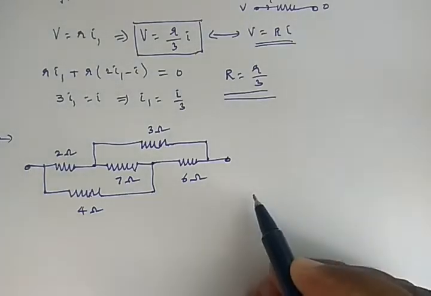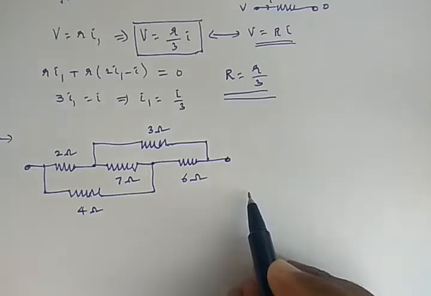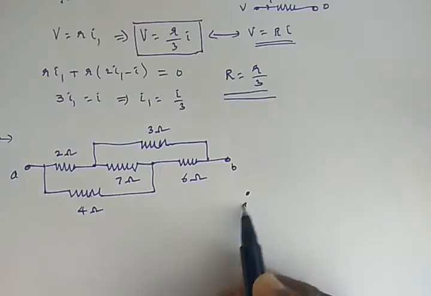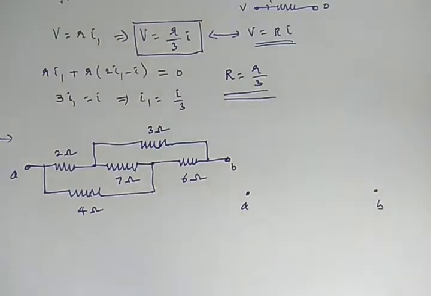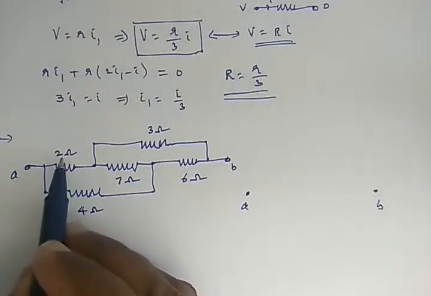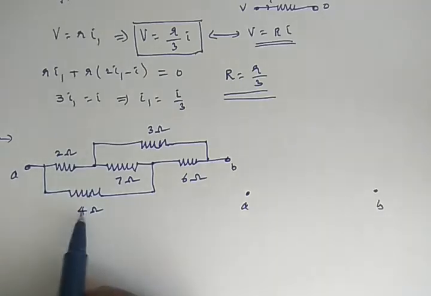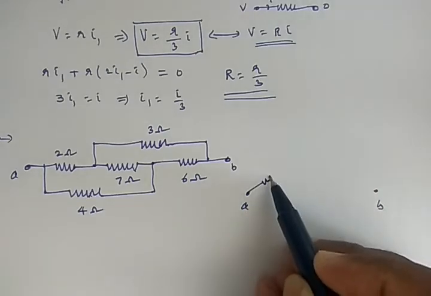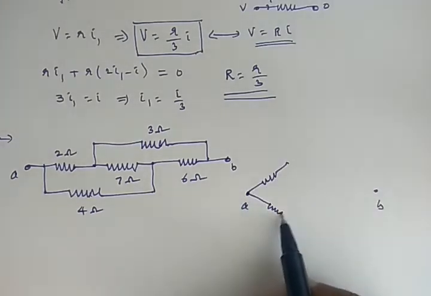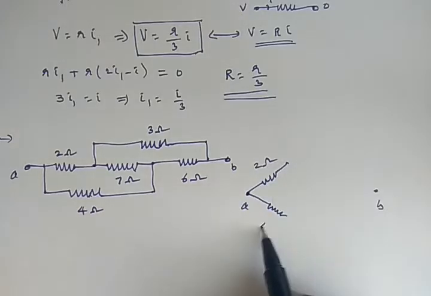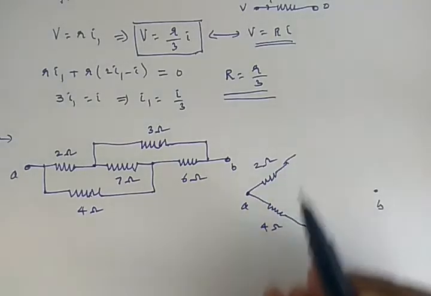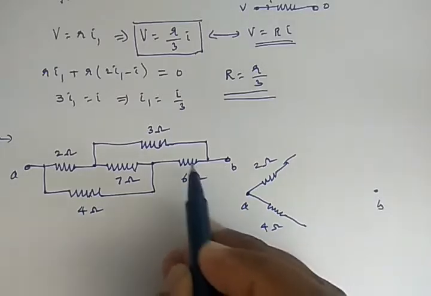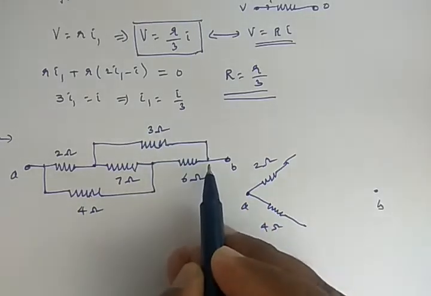Let us say this is point A and that's point B. Now the first end of the second resistor and the first end of the fourth resistor are both connected to the same point. So now this is your 2 ohm resistor and this is your 4 ohm resistor. Similarly, the second end of 6 ohm and the second end of 3 ohm are both connected to a single point.